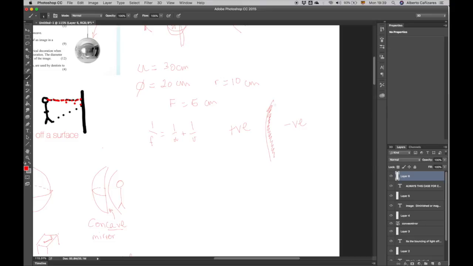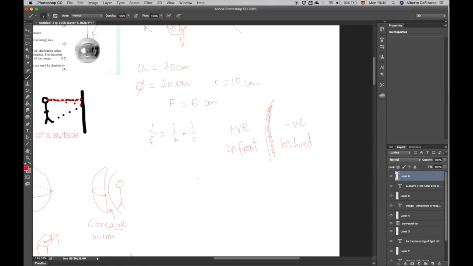Anything that is in front of the mirror is positive, anything that is behind the mirror is negative, right?